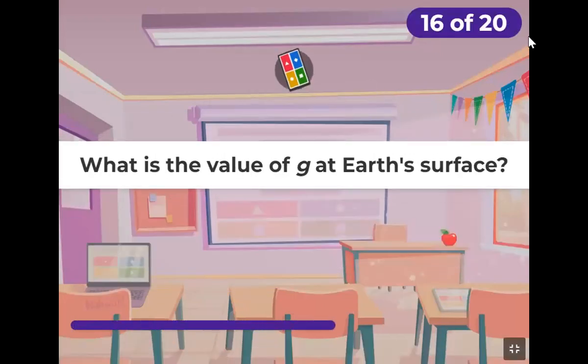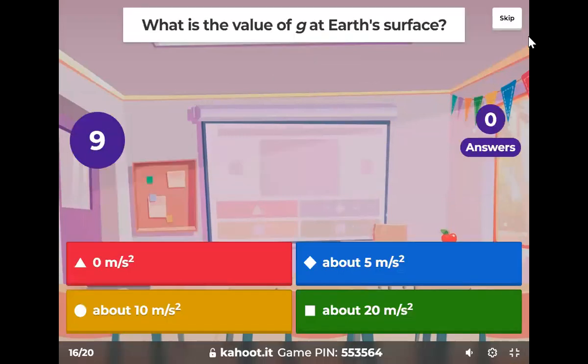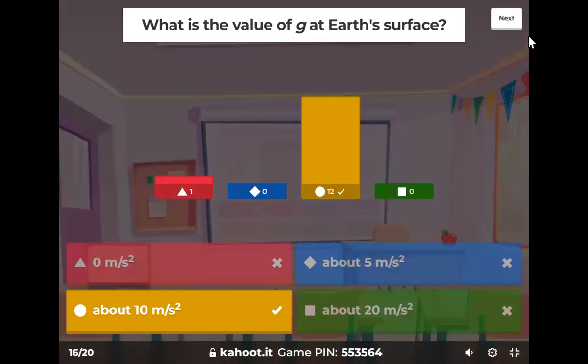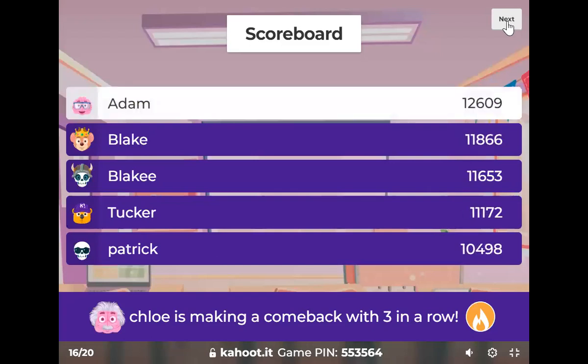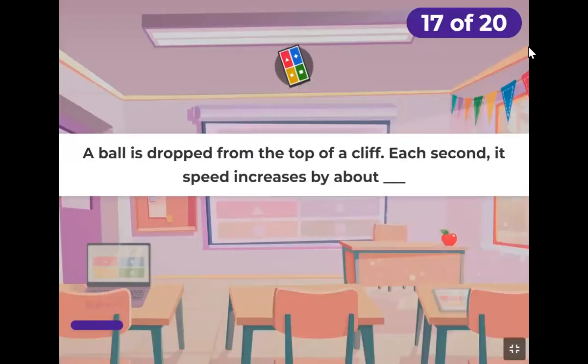What is the value of g at Earth's surface? Ooh, so close. Yeah, about 10 meters per second squared. There you go. About 10 meters per second per second. There is no gravity. Balls drop from top of a cliff.